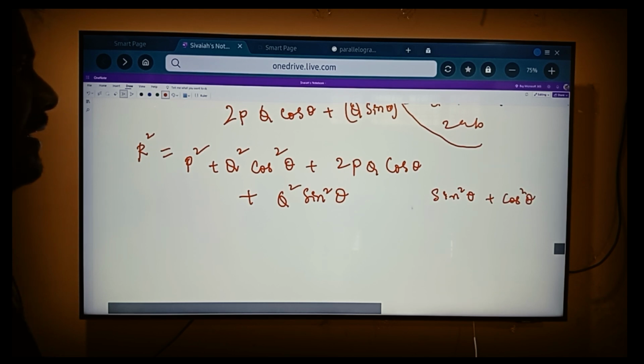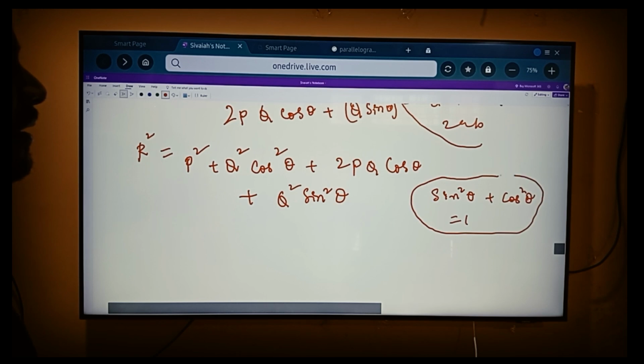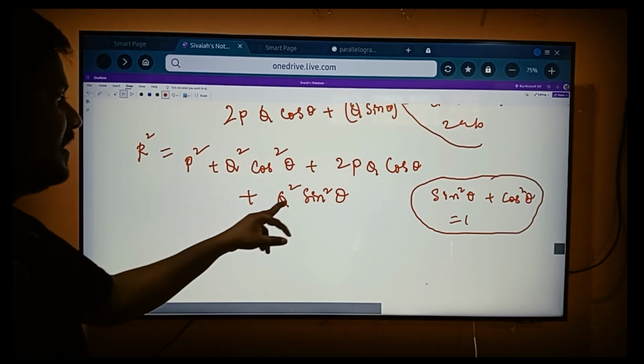From this identity, you can take Q square common from Q square cos square theta plus Q square sin square theta.